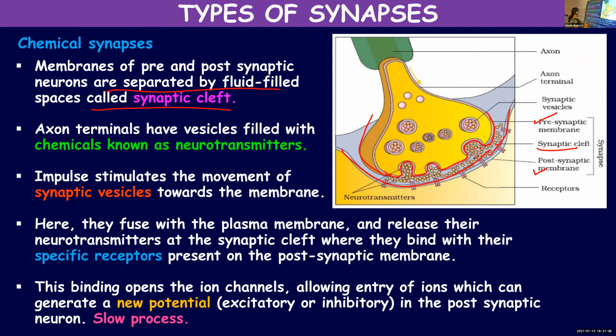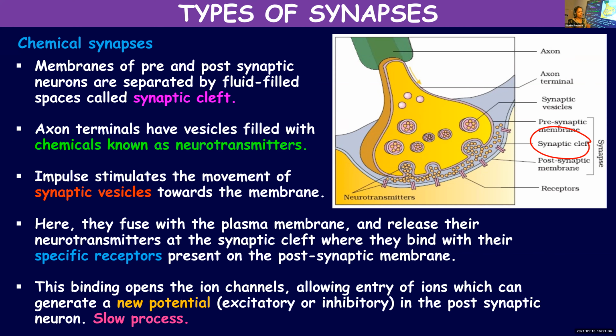Once again I will repeat. In case of chemical synapses, the membranes of pre and post synaptic neurons are separated by a fluid filled space. You call it a synaptic cleft. Whereas in electrical synapses, the neurons will be lying in close proximity, but here you find a gap in between.